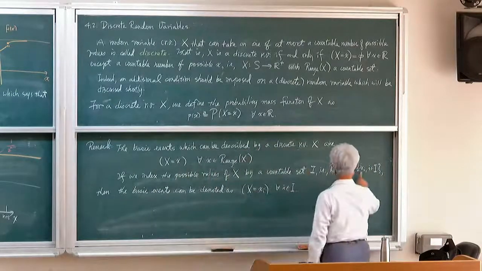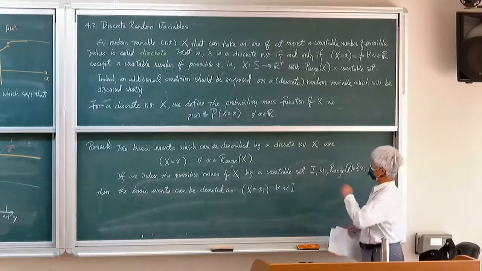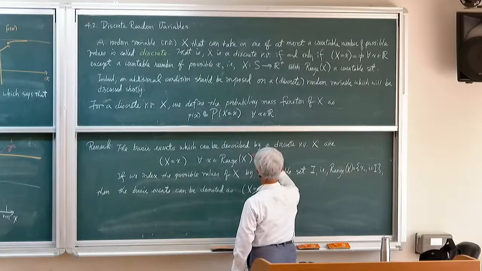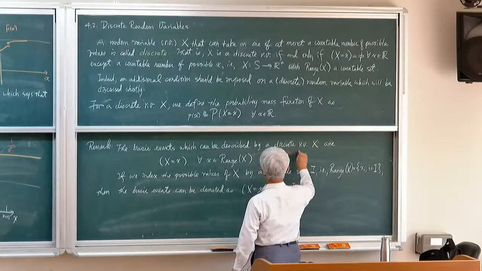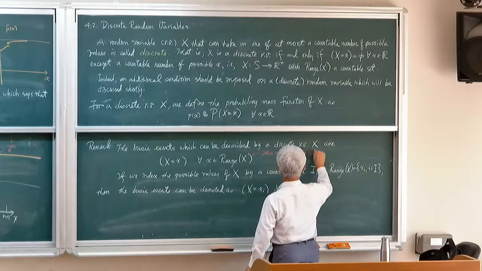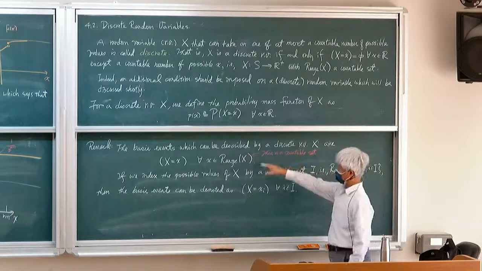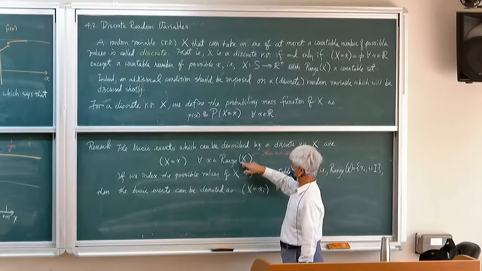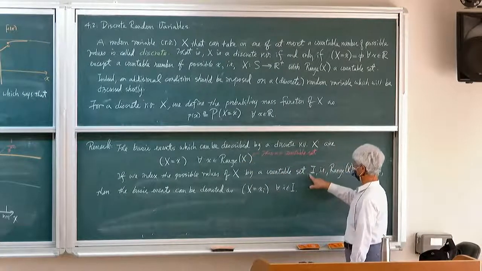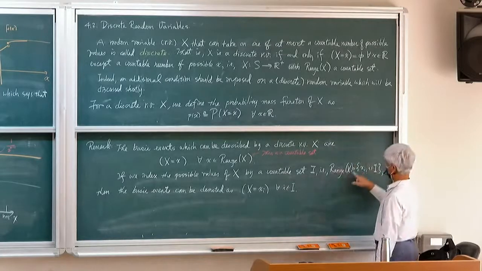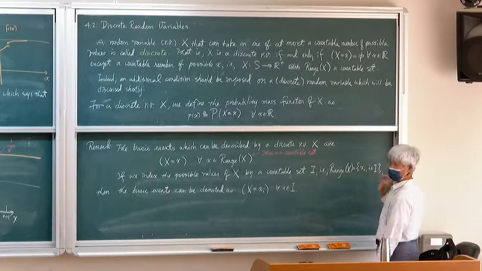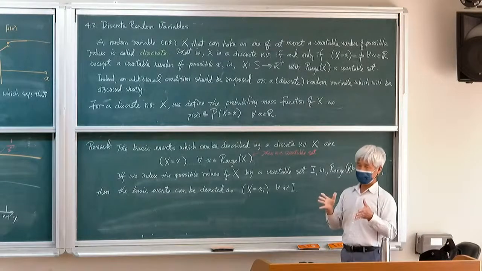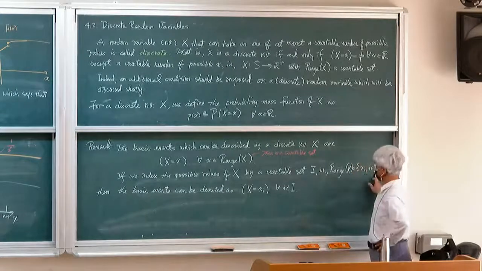Okay, because the range is a countable set, we can index all the values in the range by a countable set I. So the range will be denoted as x_i, i in I. Capital I is just a countable set.